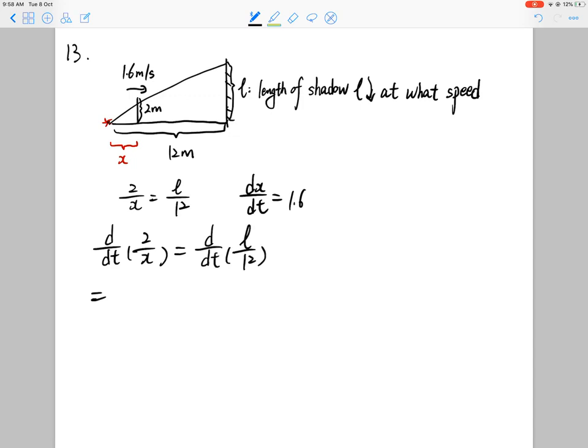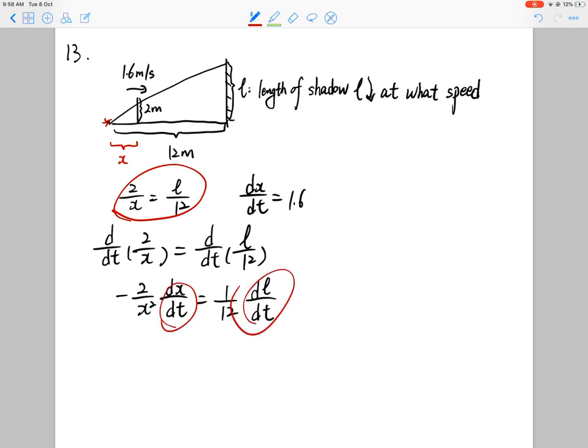It's negative 2 over x squared times dx over dt, equals 1 over 12 dl over dt. So this is the equation between x and L. By differentiating both sides, we have the equation connecting dx over dt and dl over dt.